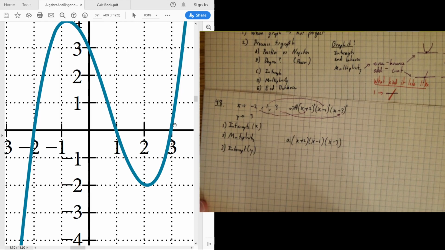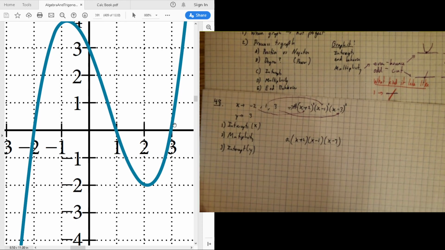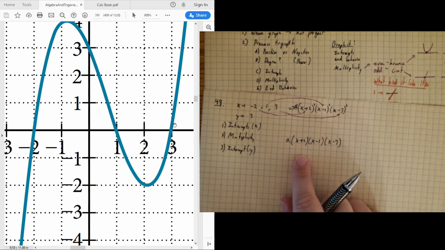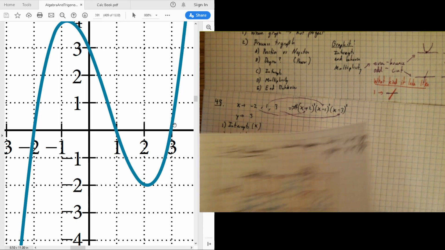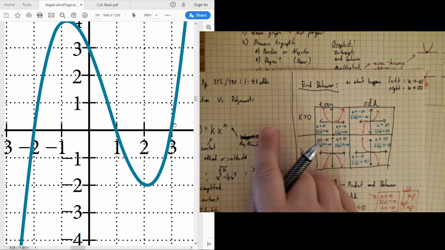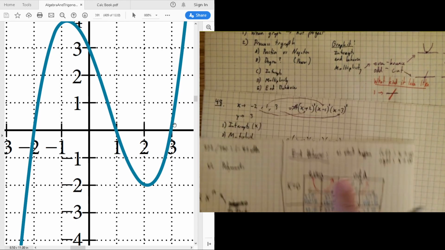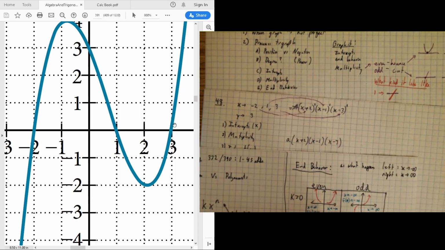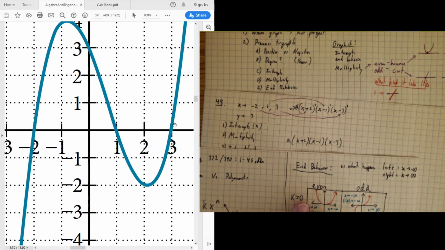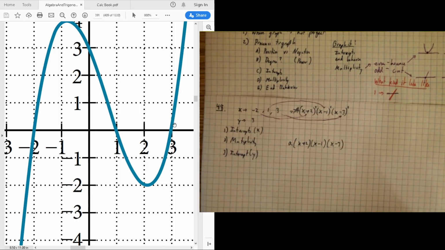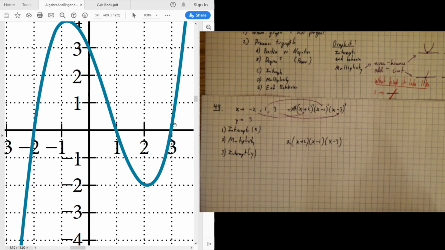Now, I know something about this number. Because of the end behavior, I know a is going to end up being positive because it looks like an odd function, which it is, and that odd function has to go up. So it's going to go up over time. Well, let's see what happens.